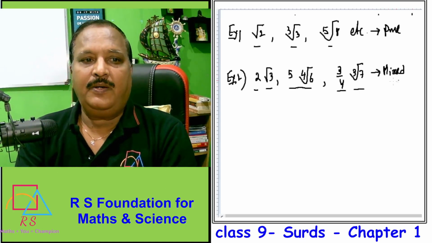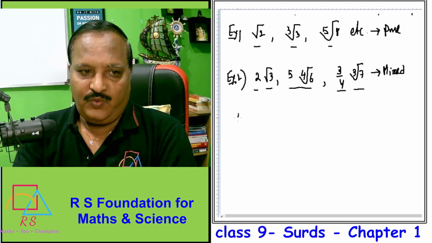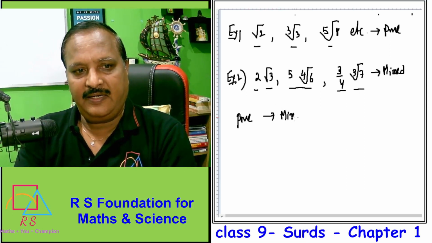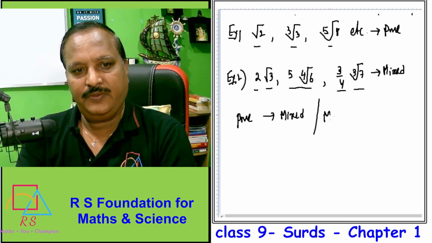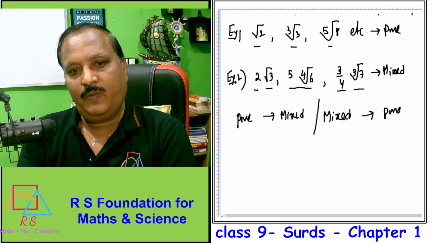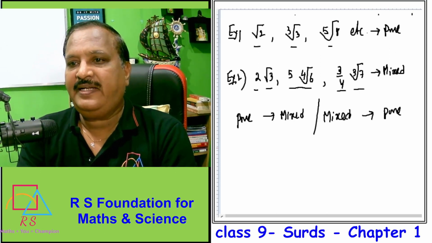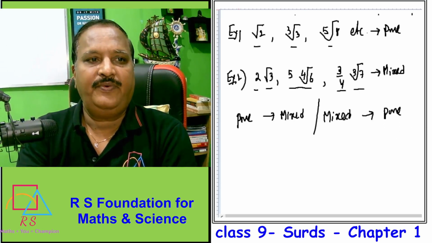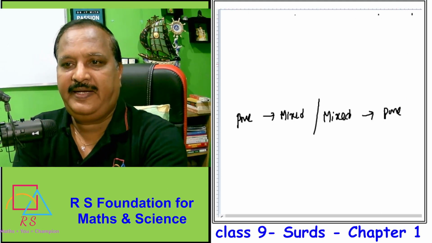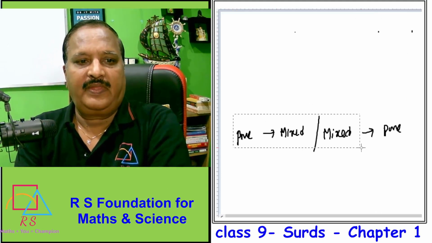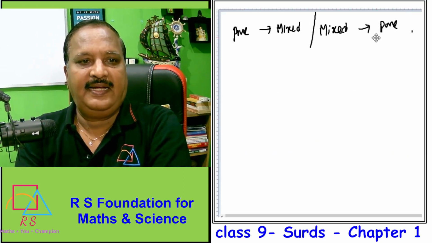Now we can convert a pure surd to a mixed surd, or a mixed surd to a pure surd. It is possible, not always, sometimes. I will give you examples so that you will easily understand.